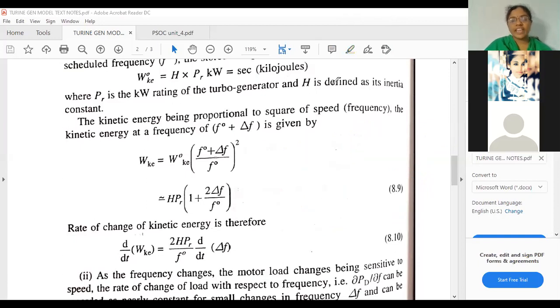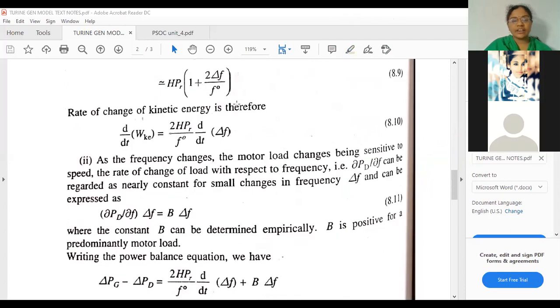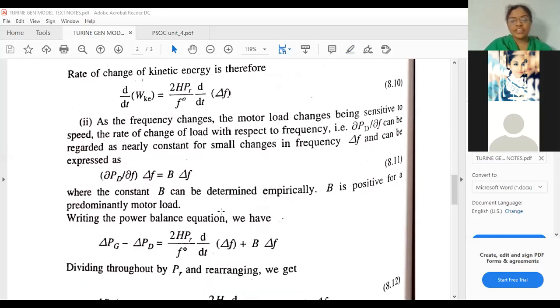What is the second case we are going into? That is, as the frequency changes, the motor load changes, being sensitive to the speed. So here, when frequency changes, speed also changes. So we are going to take into consideration dou PD by dou F, that is rate of change of load with respect to frequency. As the load changes, the frequency changes.